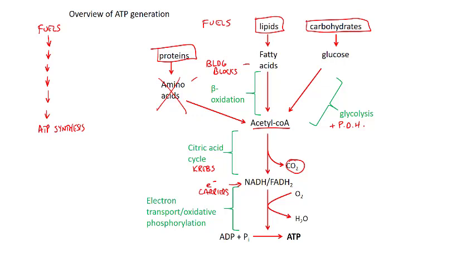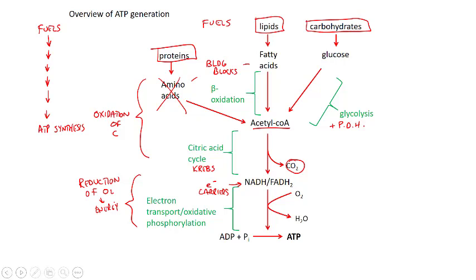Notice that all of this stuff is the oxidation of carbon phase, and the bottom stuff is the reduction of O2 to liberate energy. We're going to go through all of this over the next couple of lectures.